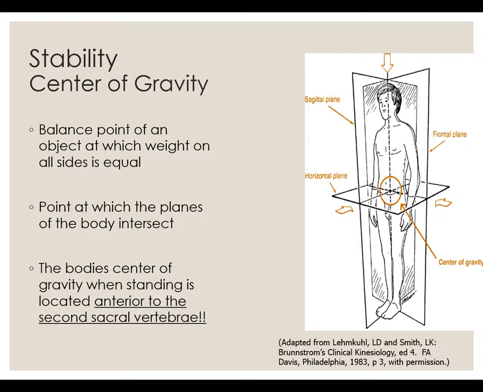So if you are taking a look at this picture, you see how the patient is divided into 4 quadrants. They're divided up into these quadrants equally, and the actual center of gravity is at that anterior to the second sacral vertebrae level, which means this person's body weight is equally distributed.